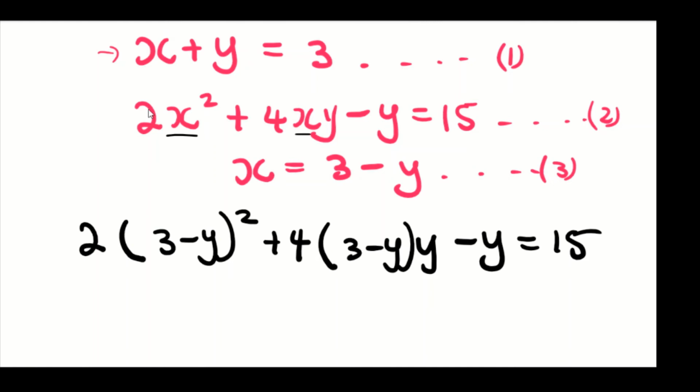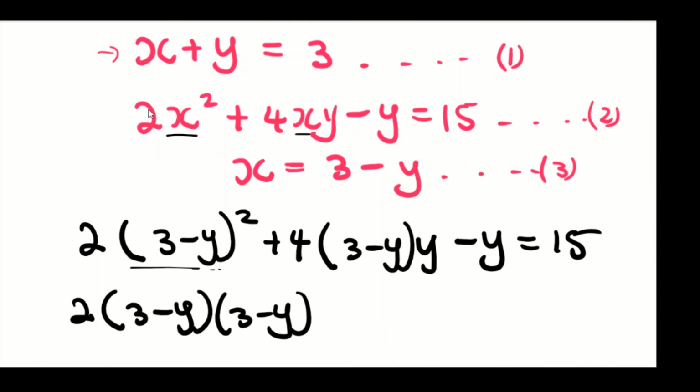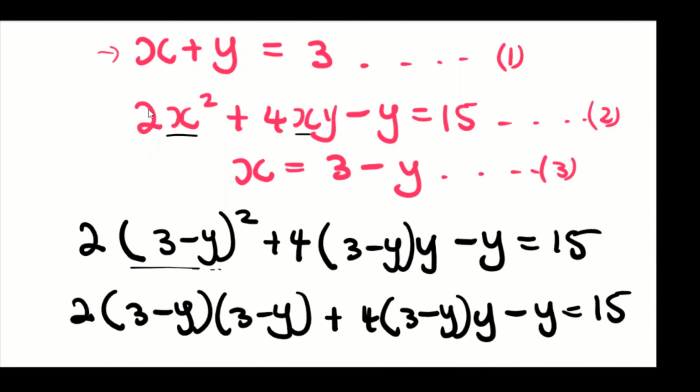We're just going to expand this expression here. So you will have 2 into 3 minus y and 3 minus y, plus 4 into 3 minus y multiplied by y, minus y equals 15.